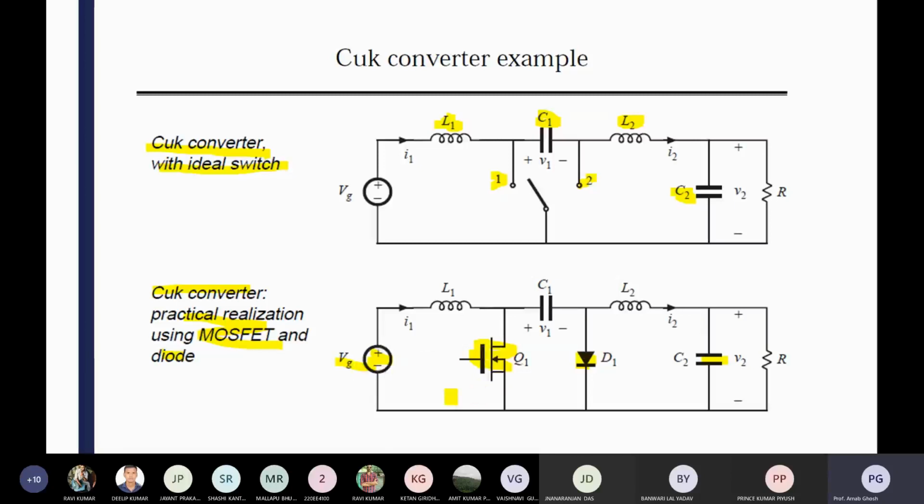When the switch is off, the diode will be on, so the energy will be shifted to V1, that means the energy will be charging from L1 to C1. So that path needs to be followed.